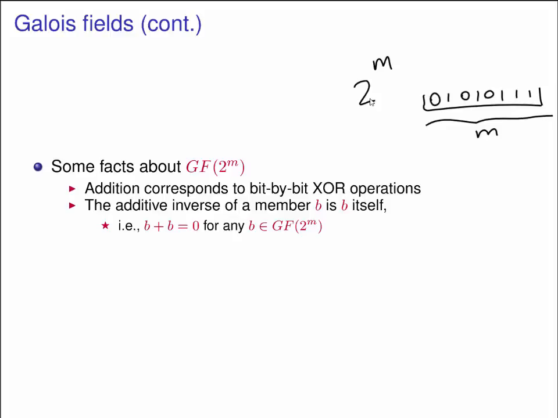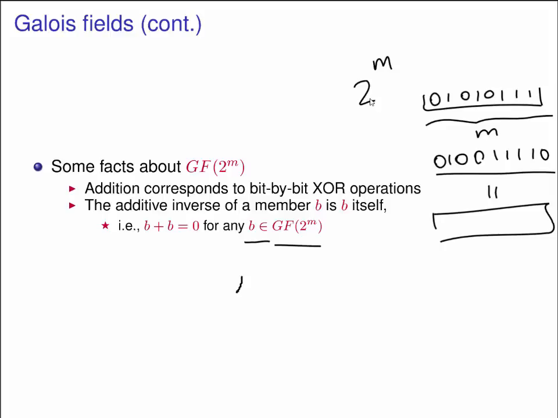So if I want to add 2 elements in this field and each element is represented by a binary vector, I can just efficiently perform a bitwise exclusive OR operation and obtain the result. So I can do it in linear time. An additional interesting property, as we already mentioned, is that each element is an additive inverse of itself. So if you take any element b in this field, b plus b will be equal to 0.